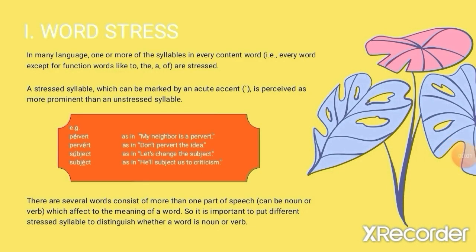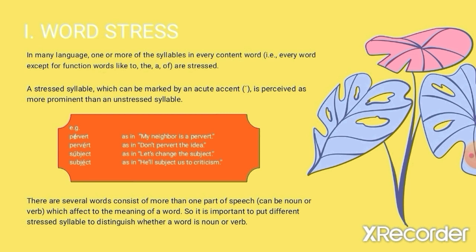Alright, let's talk about word stress. In many languages, including English, one or more of the syllables in every content word, except for function words like to, the, of, are stressed. It means that when we pronounce a word, we usually find one or more stressed syllables in it.